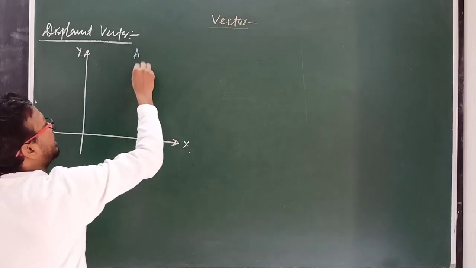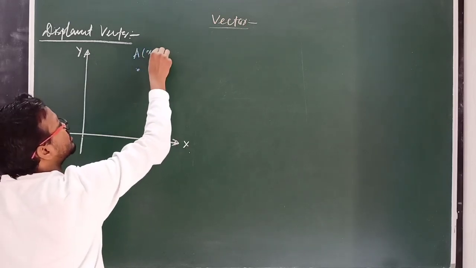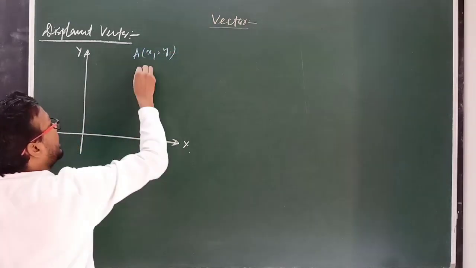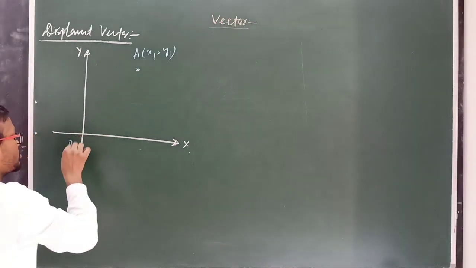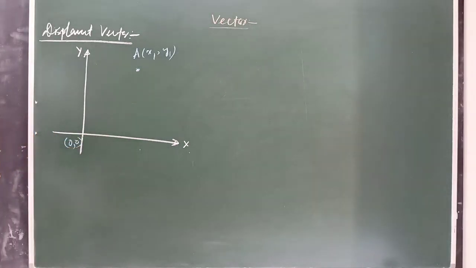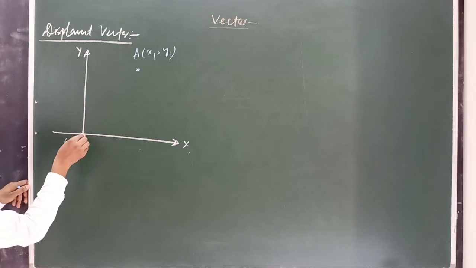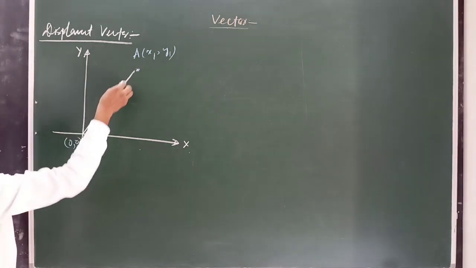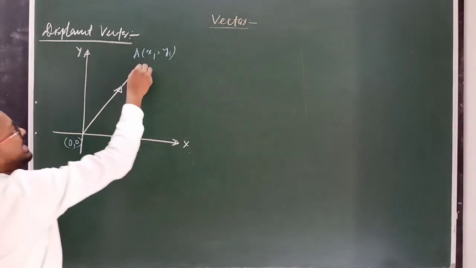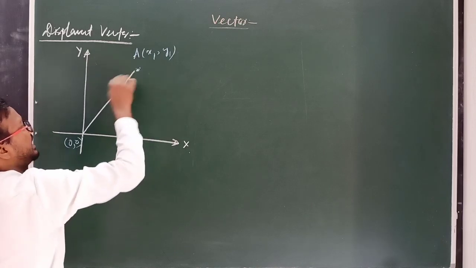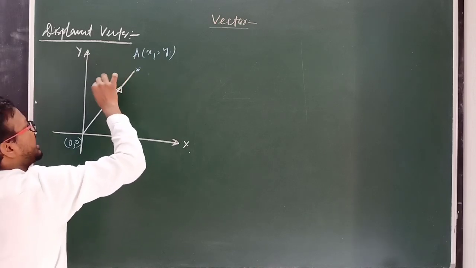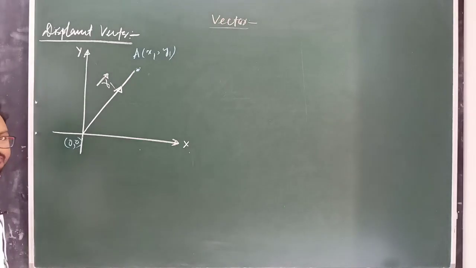A, and this point is suppose x1 comma y1, and if there is a particle, first we have to choose the origin here. This point is the origin. Now we have to draw a straight line starting from the origin to that point, which represents the particle when at point A. And this position vector you can write, suppose this is r1 vector.